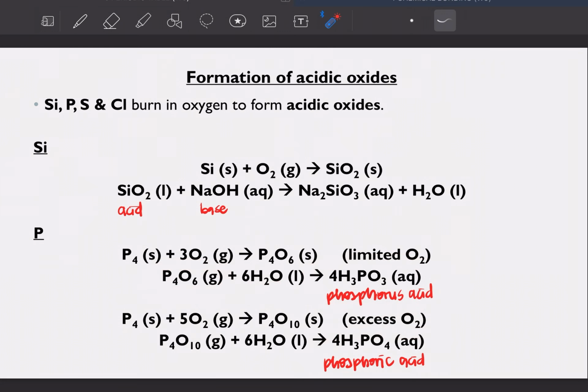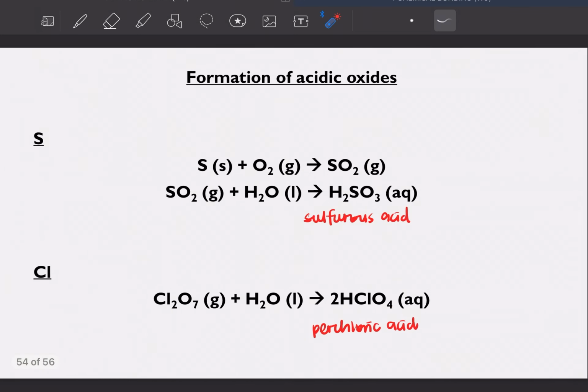So these are different conditions. When you react phosphorus with limited oxygen, you will get phosphorous acid. But if you react your phosphorus with excess oxygen, then you will get this oxide, and when you react with water, you will form phosphoric acid, which is a much stronger acid.